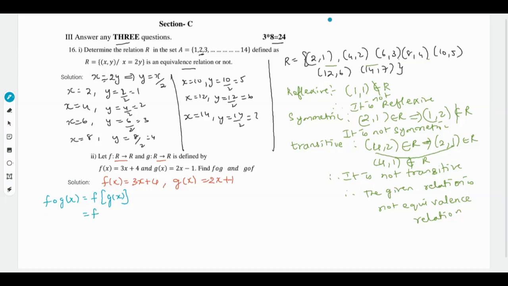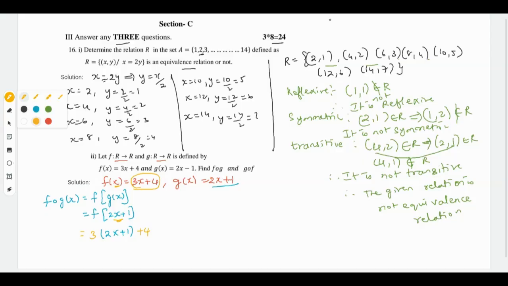What is the value of g of x? It is 2x plus 1. Whatever we got, 2x plus 1, we should write in the place of x in this formula. So that will be 3 into (2x plus 1), then plus 4 as it is.